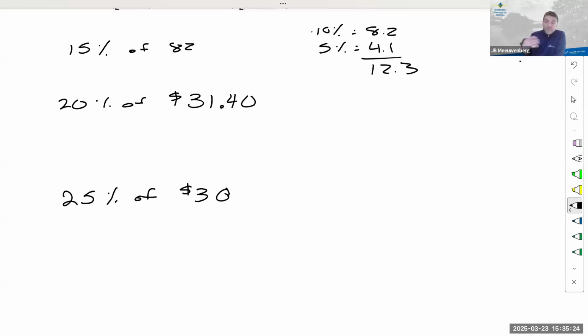Add 10% plus 5%, and you're going to get the 15%. So again, that one might be a little more challenging to hold all of these in your head at once, but I challenge you to do it.